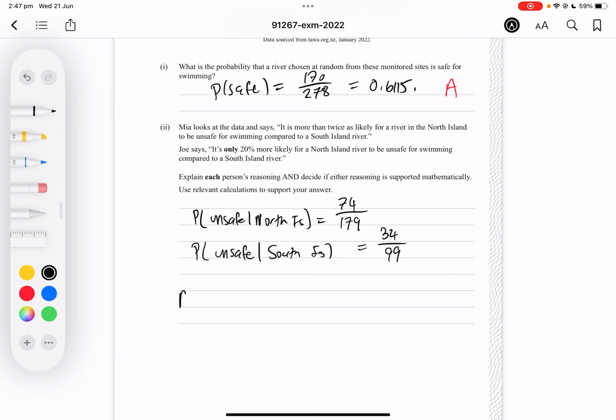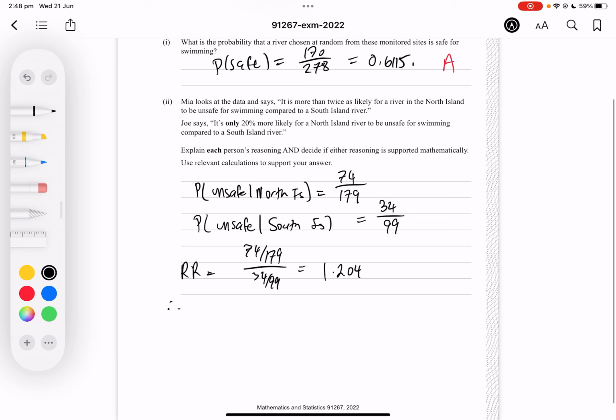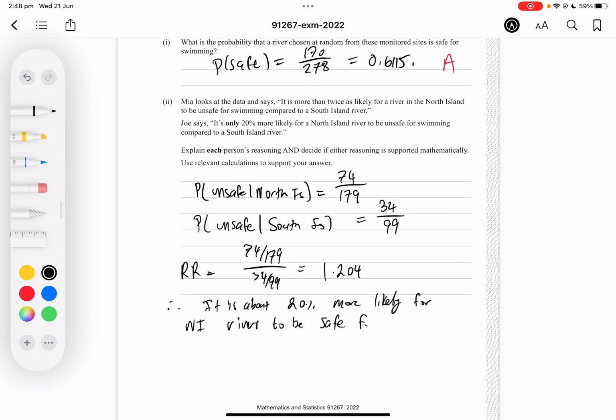So our relative risk is equal to 74 over 179 divided by 34 over 99, and that is equal to about 1.204. So therefore, we can conclude that it is about 20% more likely for North Island rivers to be unsafe for swimming.